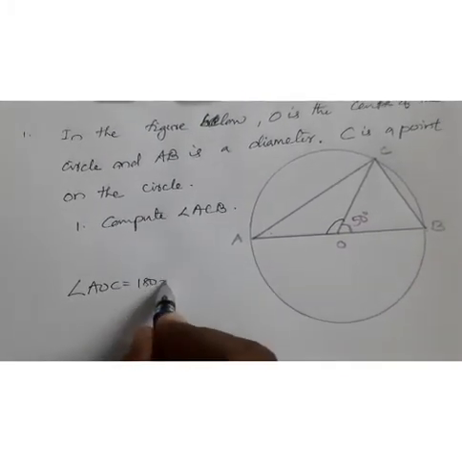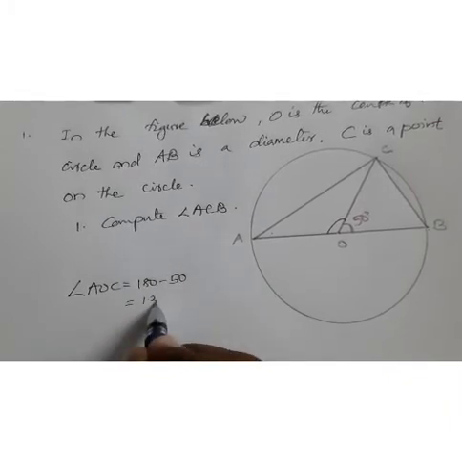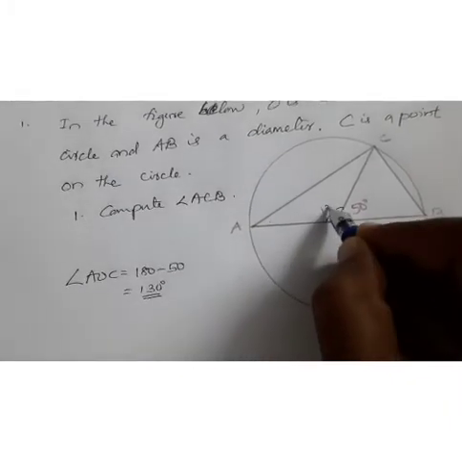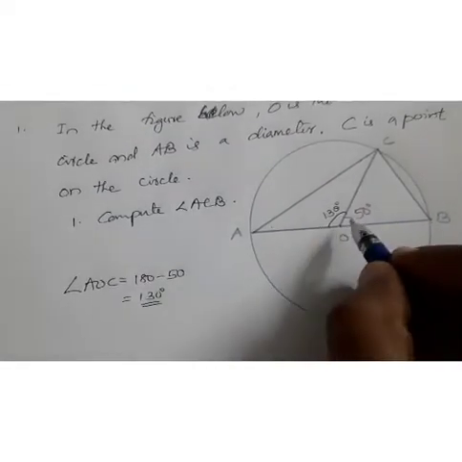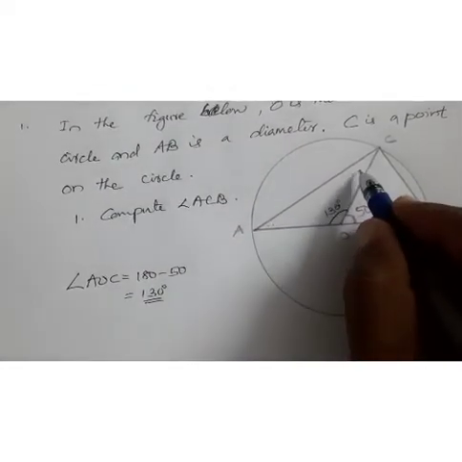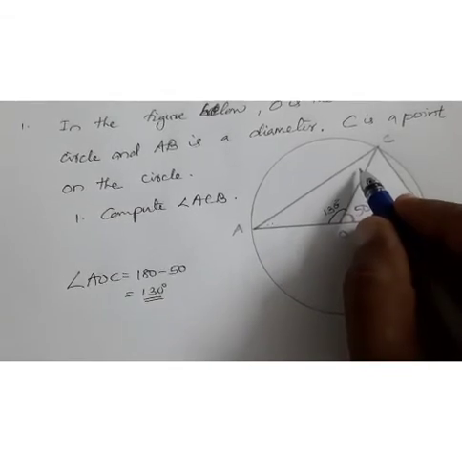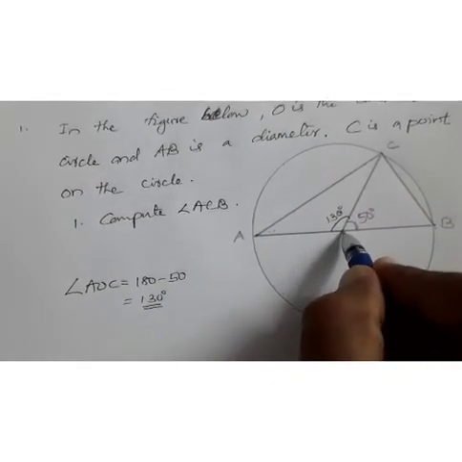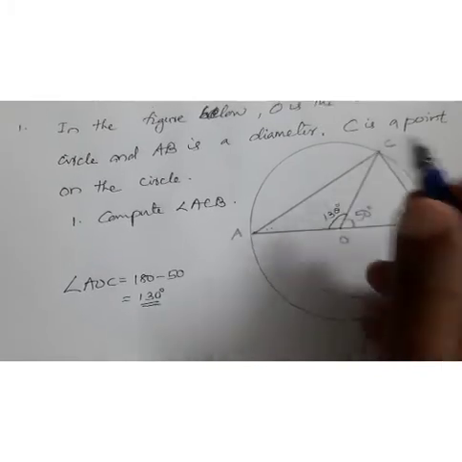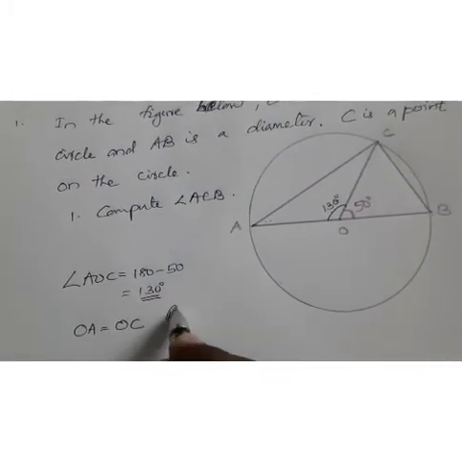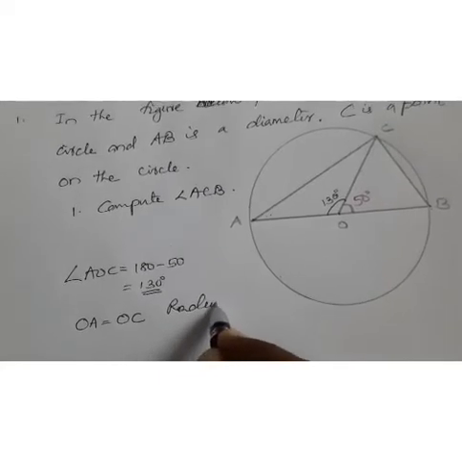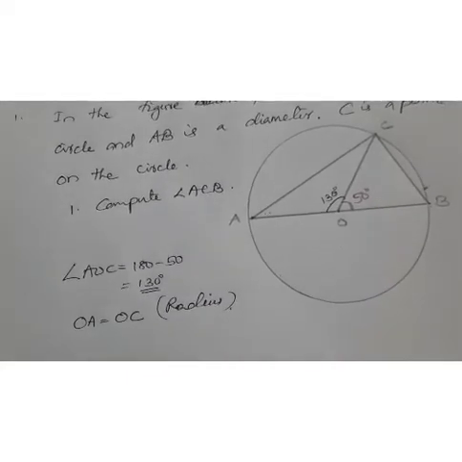So 180 minus 50, it is 130 degree. Then if this is 130, you have to find out other two angles. You can see OA is the radius and OC is also the radius. So OA and OC are equal because they are the radius of the circle.